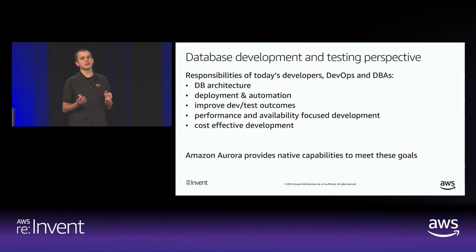So when we're thinking about optimizing development and testing outcomes from a database perspective, if we're looking at that entire life cycle of an application, when you deploy an application and adopt a database, you're thinking first, well, what is the most effective way to architect this? How do I plan it? What features am I going to use? What is the architecture going to look like?